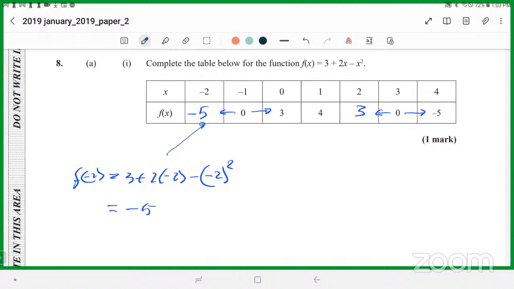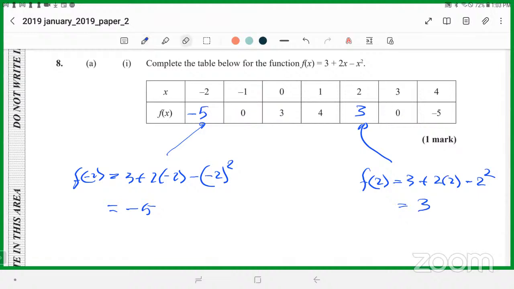And for this one, you put 2 in there, so it will be f of 2, which is 3 plus 2 times 2 minus 2 squared. That will work out to be 3 just the same. But you can look at the symmetry of the values and get it.